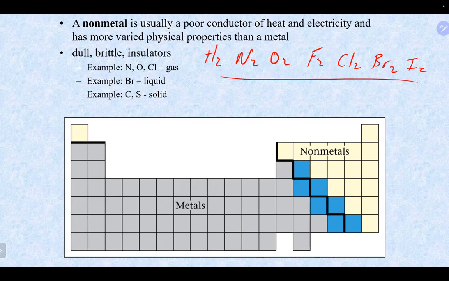And that is why I said earlier that hydrogen, which is right here, is not part of group 1, and that is because hydrogen is what type of element? Hydrogen is actually a nonmetal. Even though it's hanging out with the metals, hydrogen is a nonmetal. Hydrogen has some unusual properties, one of which is it's the only element that has a proton and an electron, no neutron.